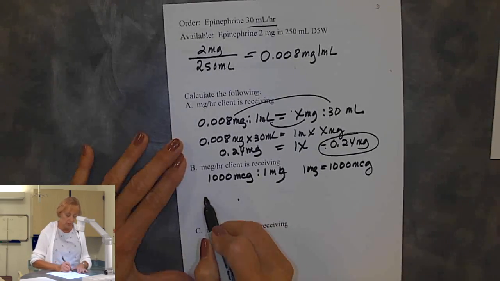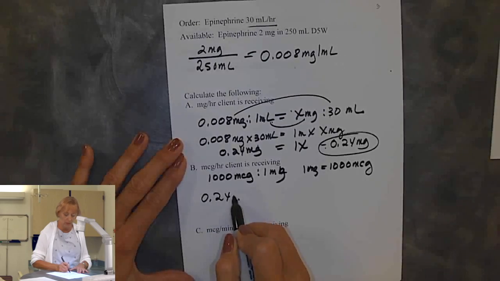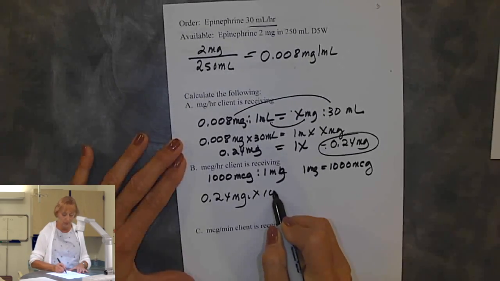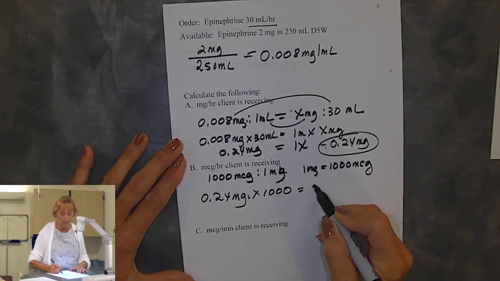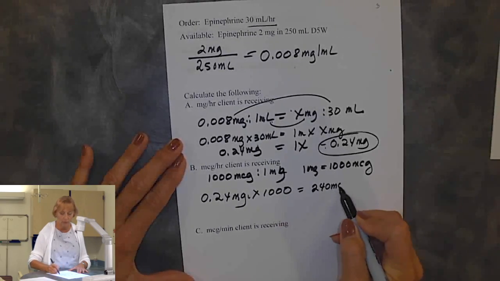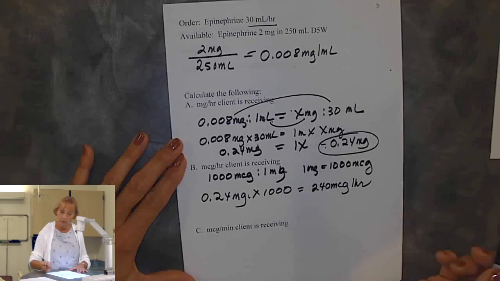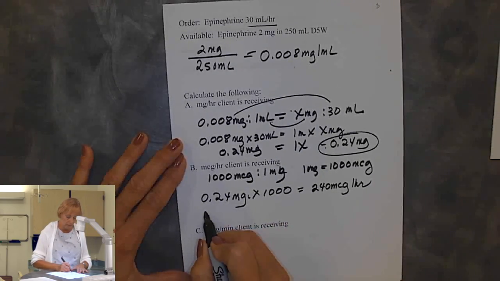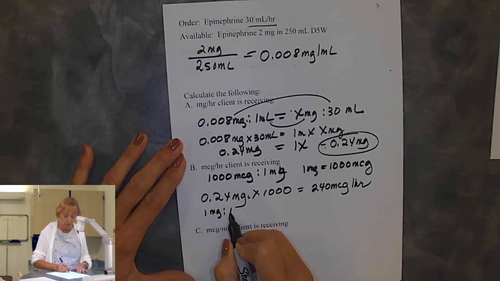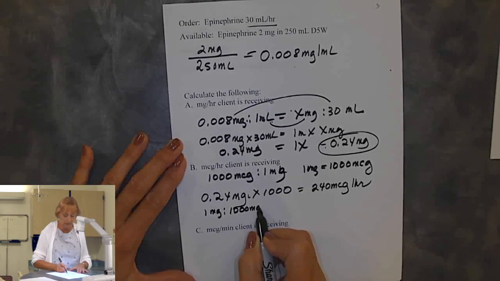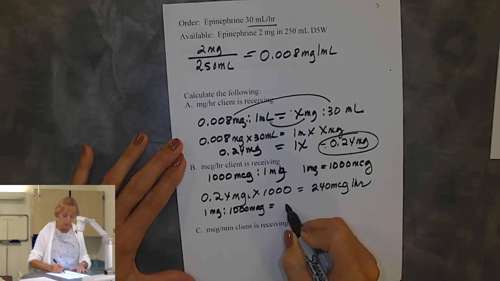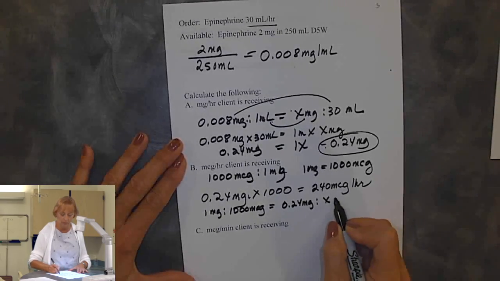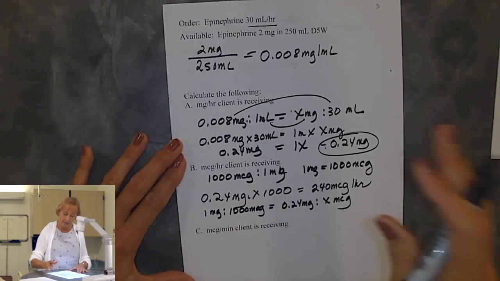So if your patient is receiving 0.24 milligrams, all you have to do is multiply times 1,000, and it will tell you that you are giving 240 micrograms per hour. If you want to work that out, you can do 1 milligram is to 1,000 micrograms is equal to 0.24 milligrams is to X micrograms, and then do your math.